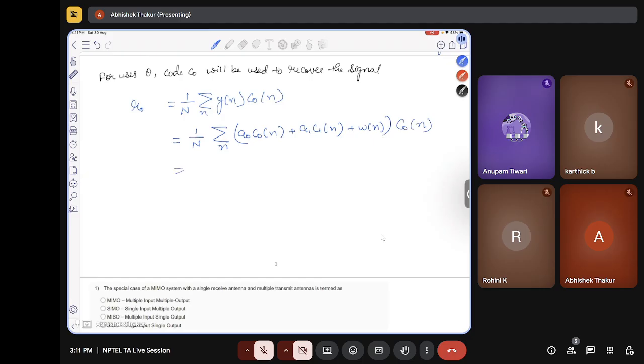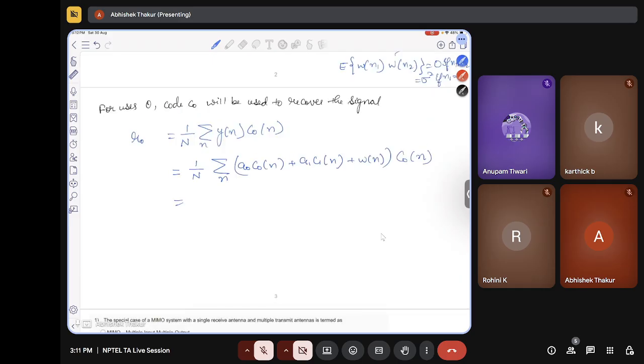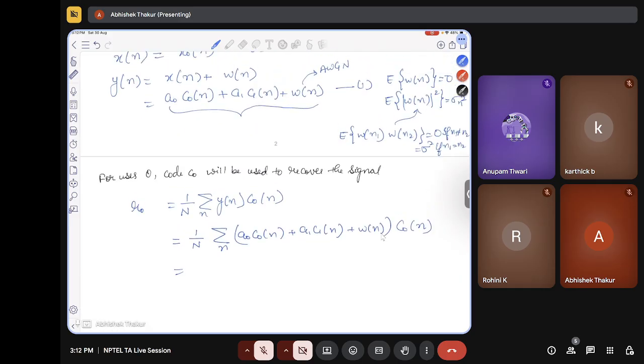From here we will get two terms: one is the C0 squared [n] term, and another is the C1[n] and C0[n] term. One more thing I forgot: it will be H X[n], because the channel response will also be there, so we write H here also.